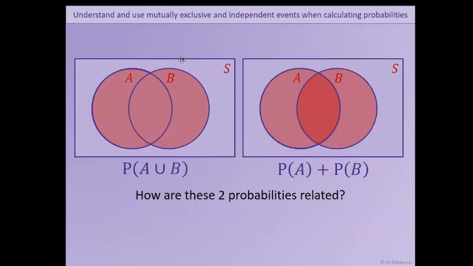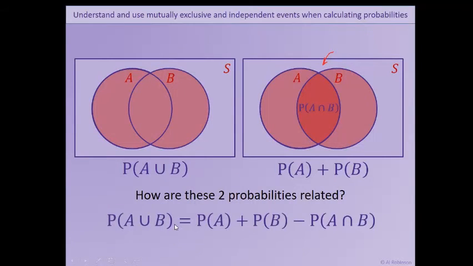So here we go. We've got the probability of A union B, and then we have the probability of A plus the probability of B. What you can see here is that if you do the probability of A plus the probability of B, you end up including the middle bit twice, okay? So the probability of A union B is going to be the probability of A plus the probability of B, but you subtract the intersect because you've already included it.